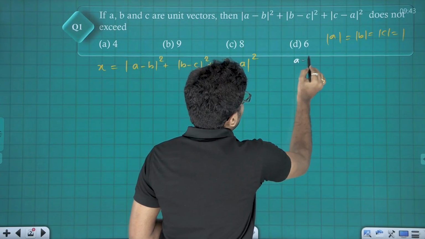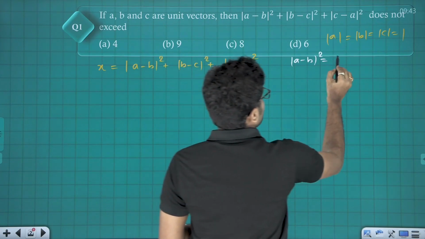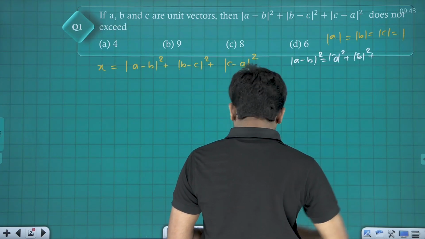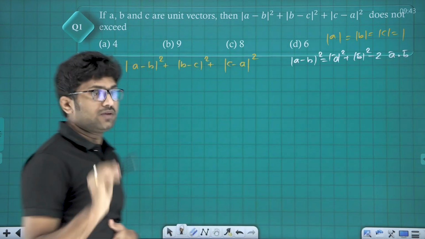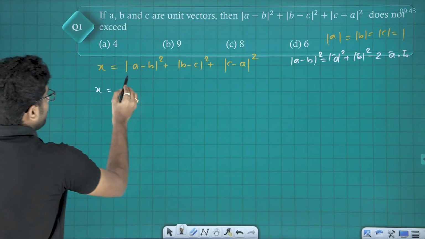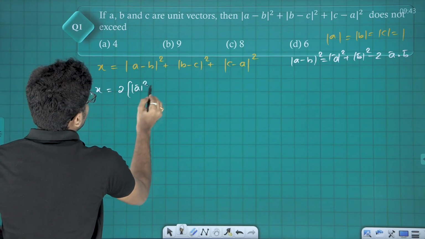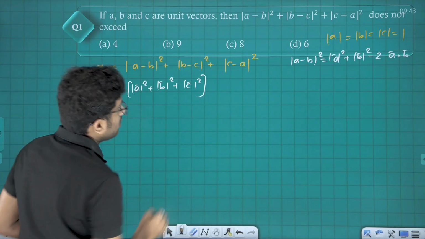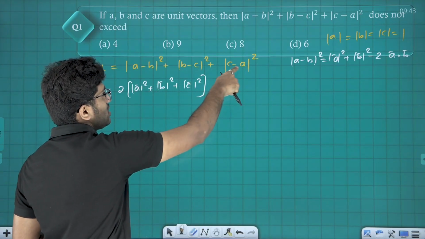Now we already know mod of a minus b whole square, from properties of scalar product, is equal to mod a square plus mod b square minus 2 times a bar dot b bar. Now if we expand all these three, then we get 2 times of mod a whole square plus mod b whole square plus mod c whole square, minus 2 times a bar dot b bar, minus 2 times b bar dot c bar, minus 2 times c bar dot a bar.